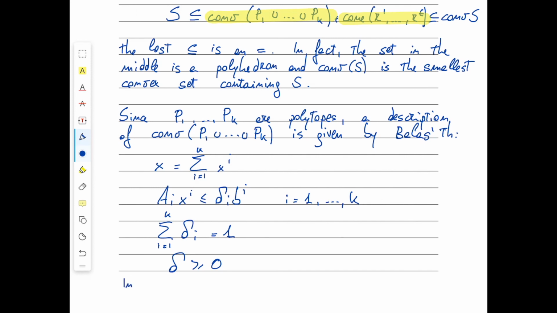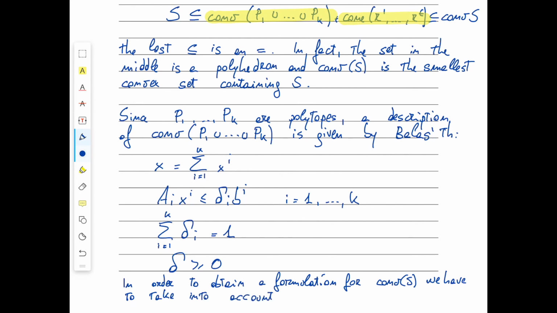In order to obtain a formulation for conv S, we have to take into account the rays R1 until RT.